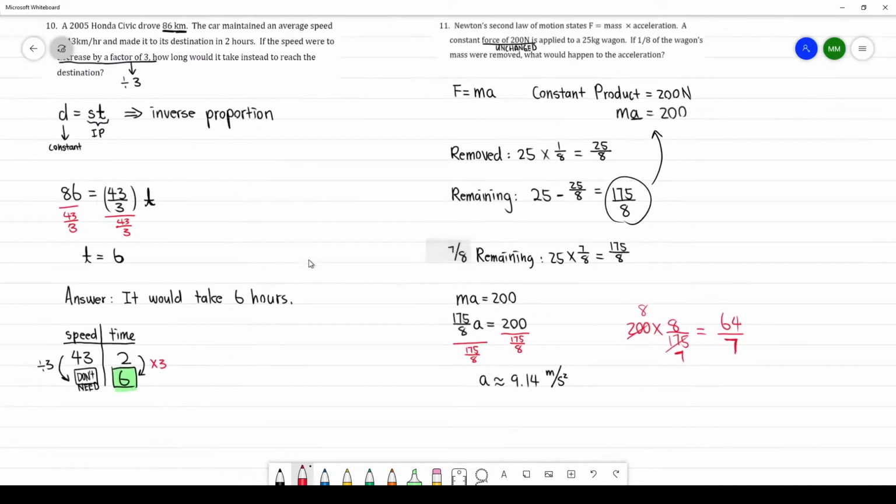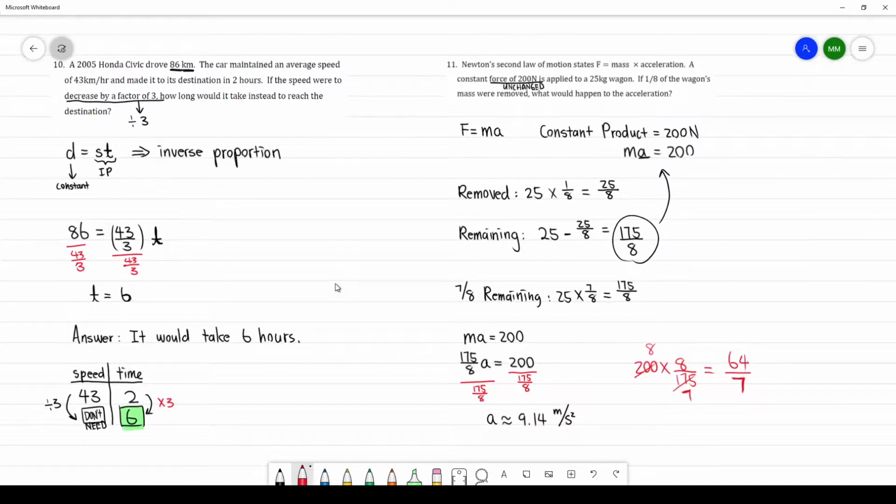Okay, so these are the two word problems. Any questions on them? Oh, good.